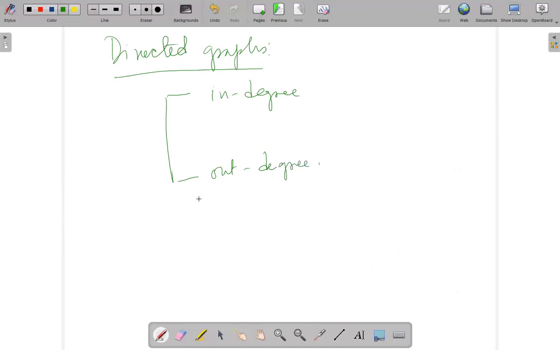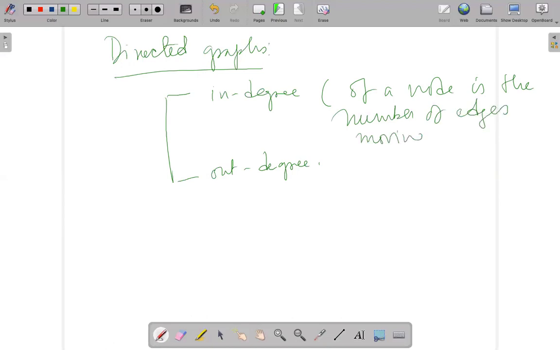So in degree of a node is the number of edges moving into a node.